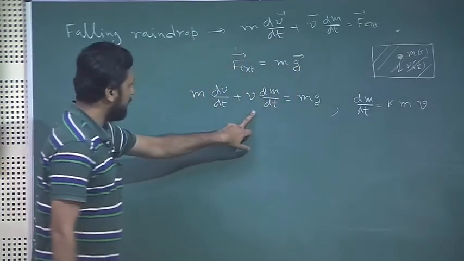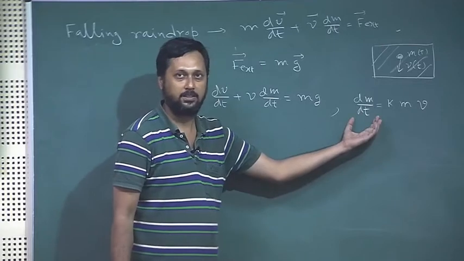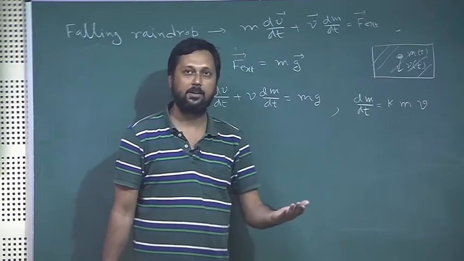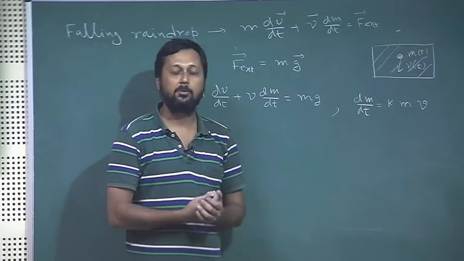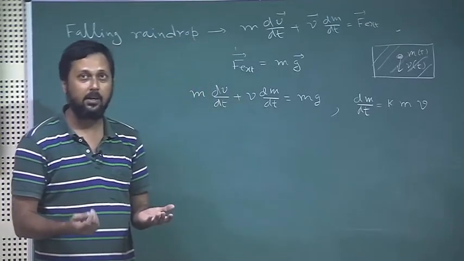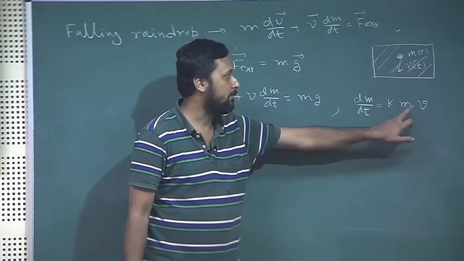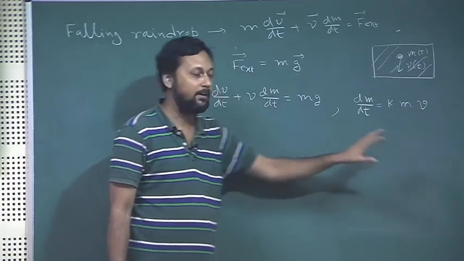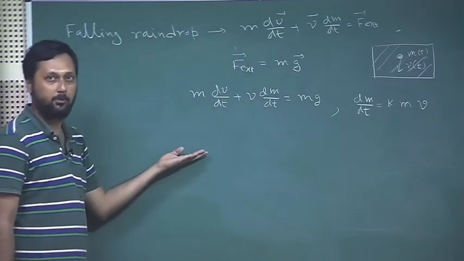Plug it back into this equation. We have to have some model for this mass change. We will take up another example where it could be proportional to instantaneous volume, or proportional to instantaneous surface area. In this case, it is proportional to instantaneous mass times instantaneous velocity. Unless we have a specific model for dm/dt, we cannot solve this type of problem.